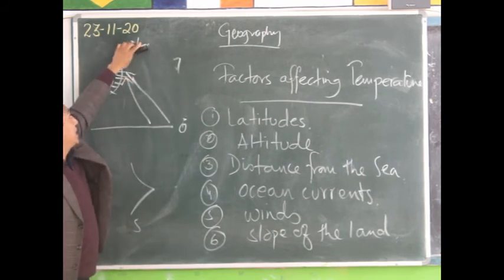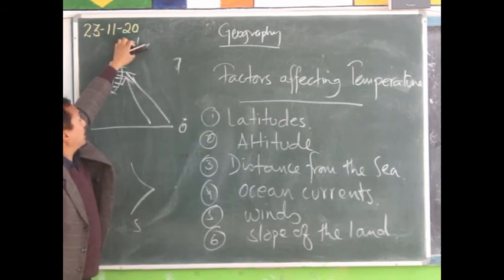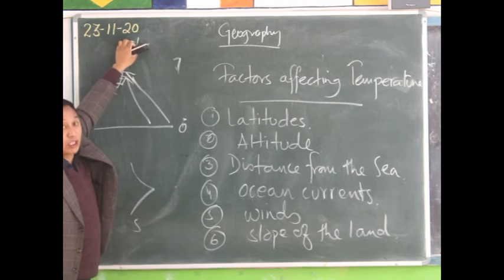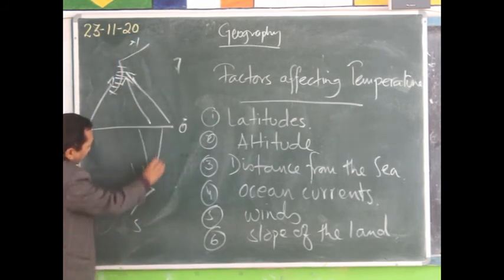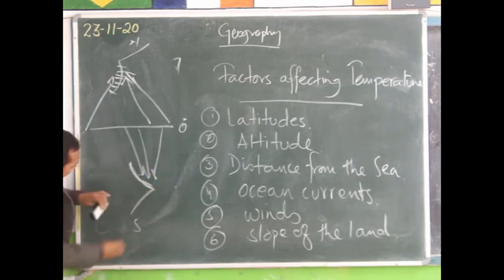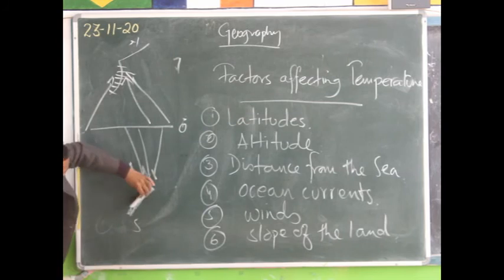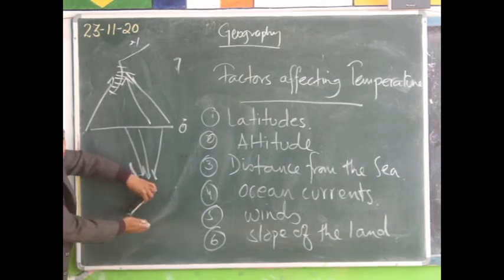This is in the rain shadow. Here the sunlight does not reach, because of which it's very, very cold. Similarly here, the sun's rays reach this place, so this area becomes very warm. But again here, this back portion, the leeward side, the sun's rays do not reach, because of which it's very cold.